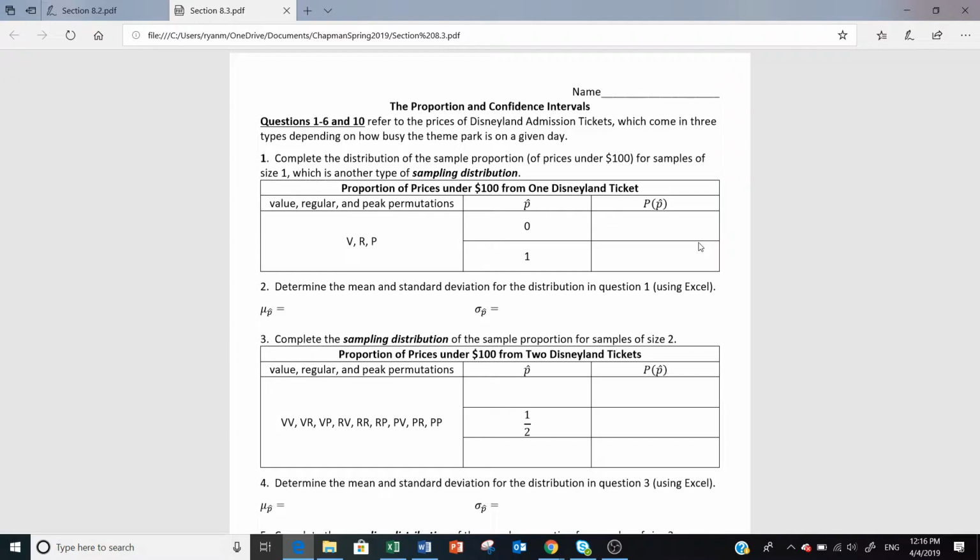For this sample, where 1 out of 2 is less than 100, how many of them have a V? Exactly. Very good. The 0 is 2 out of 3, and the 1 is 1 out of 3.